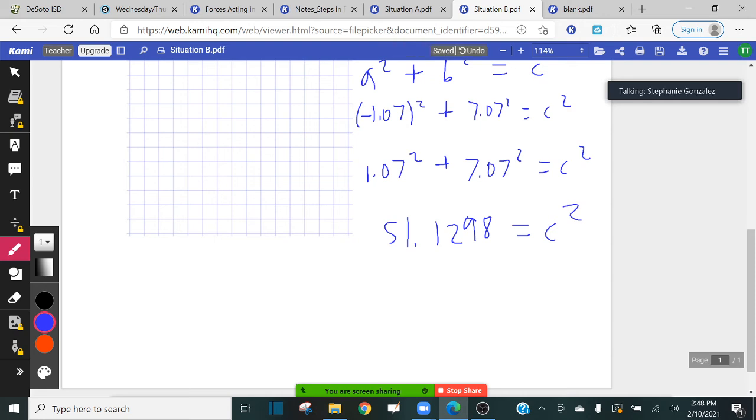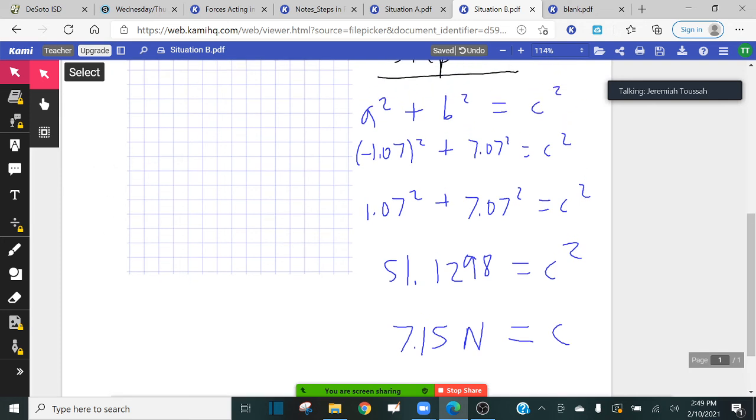I got 7.15. Oh shoot! I squared the wrong number. You're fine. You just take the square root of 51. Jeremiah, does that make sense now? Yeah, I accidentally squared 5.66 for some reason. I meant to do 7.07.